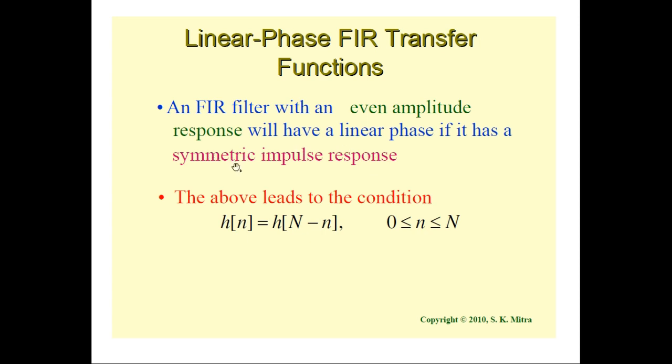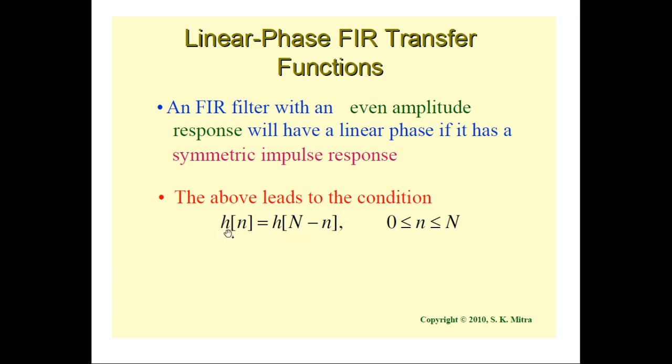So if the system has a symmetric impulse response, which is depicted by this equation, where we are considering a causal FIR system of length N plus 1 and order N, the center of symmetry will exist at small n equal to N by 2.